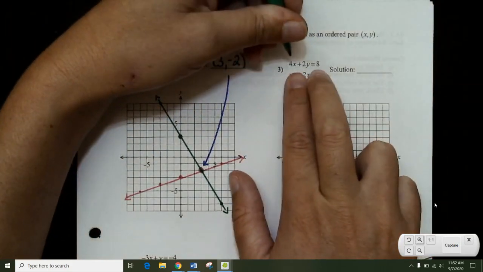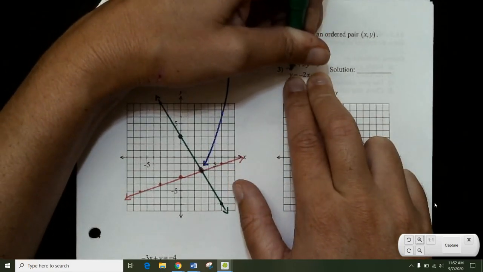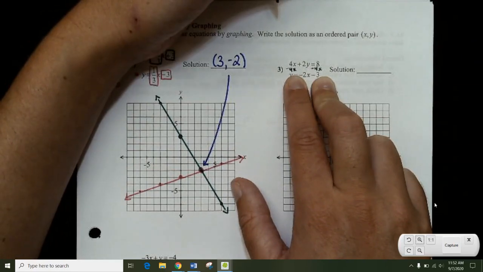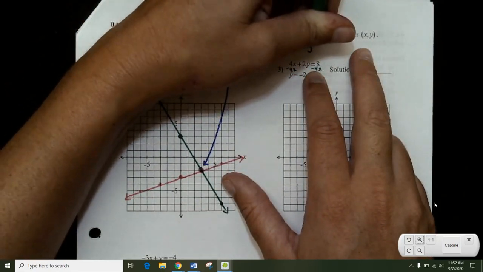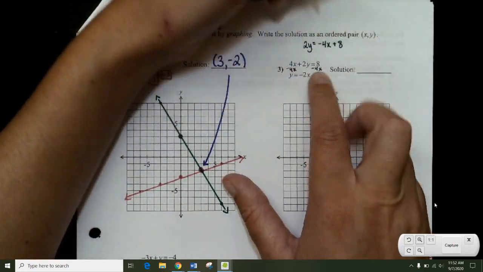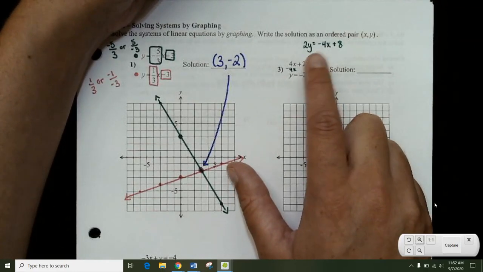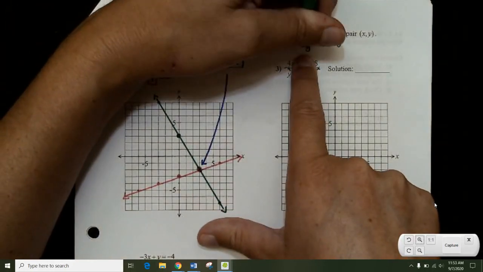So if I change it into y equals mx plus b, the first thing I need to do is subtract 4x from both sides. When I do that, the 4x moves to the other side. So now I have 2y equals negative 4x plus 8. Notice I put the negative 4x in front of the positive 8 because I want it to look like y equals mx plus b. So the only thing I need to get rid of here is this 2.